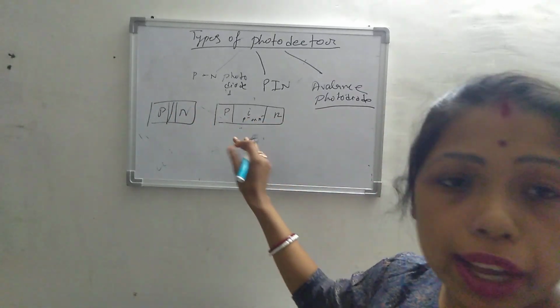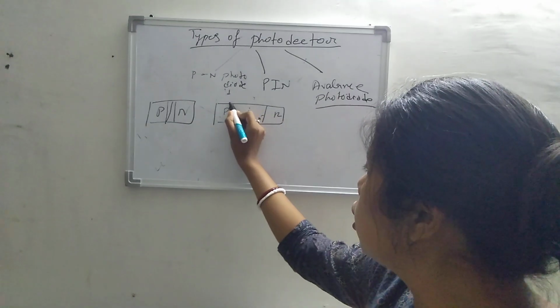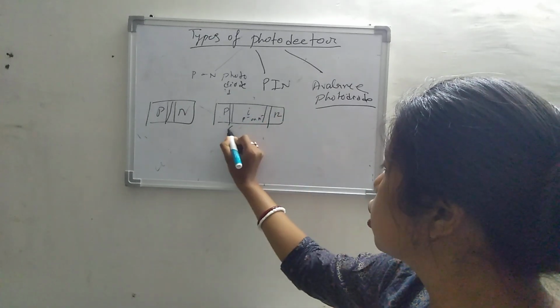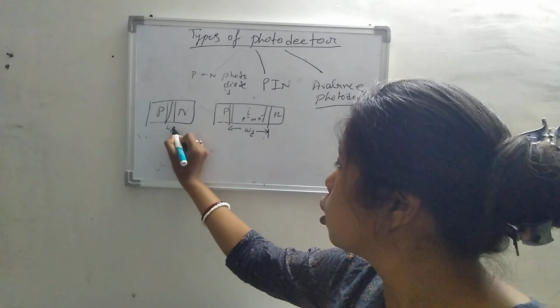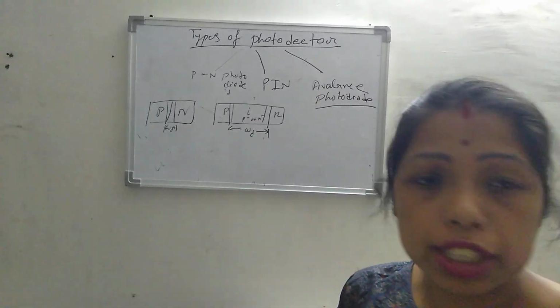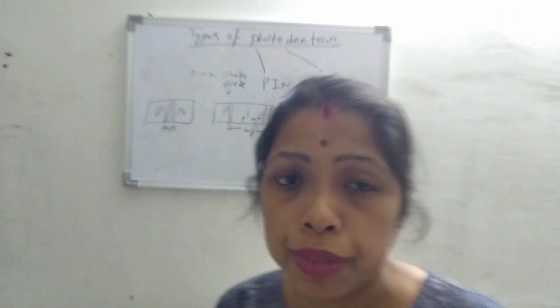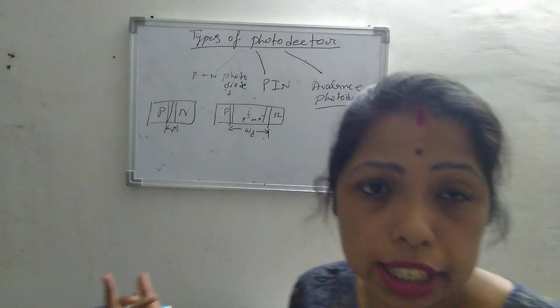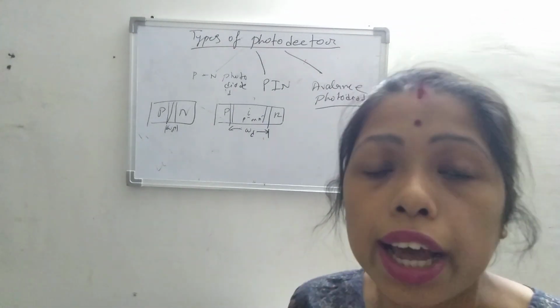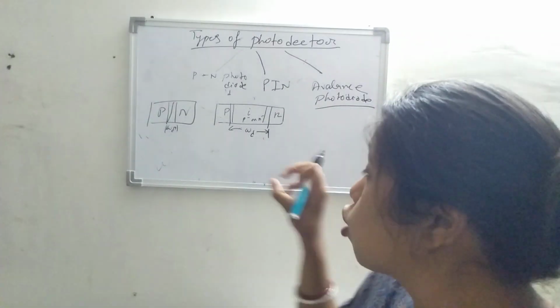In the pin photodiode you will get the wider depletion region, whereas in the PN photodiode you will get the narrow depletion region. Why? Normally the width of the depletion region is related to the carrier concentration.